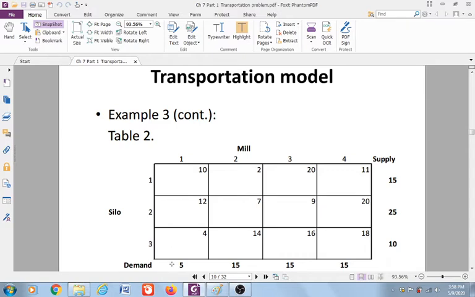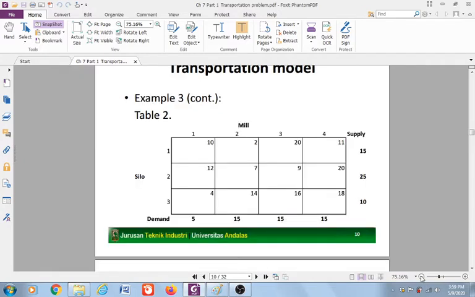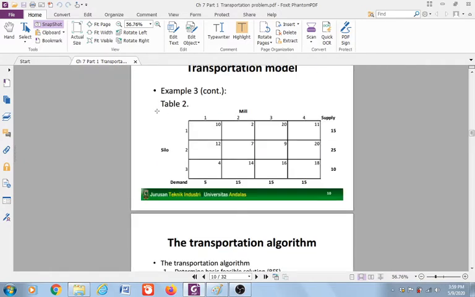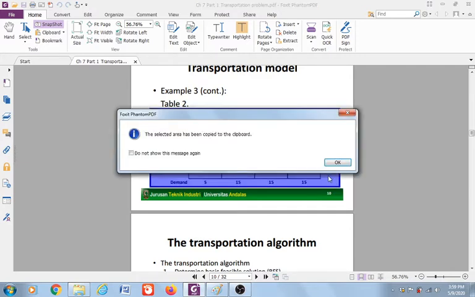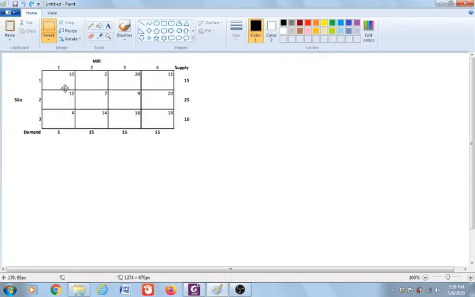The first thing that we need to check is whether the total supply equals the total demand. Before doing that, I will copy the table into another window. So this is the problem.